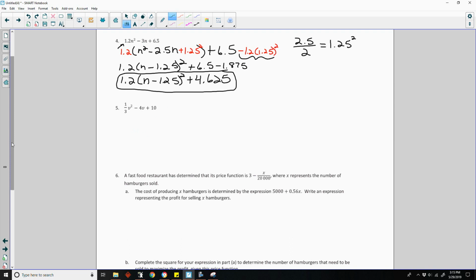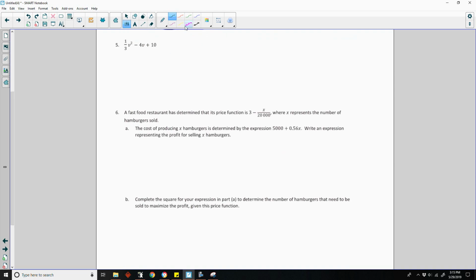Okay, number 5. First thing I do is take my a out and then put v squared minus 4v inside, leave a space, put my constant outside. Bring over here, half of 4 is 2, that equals 2 squared.